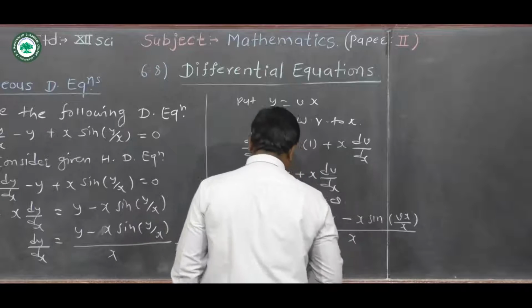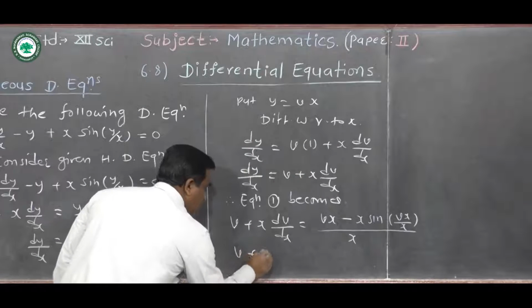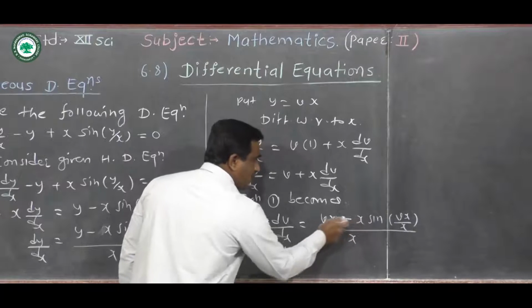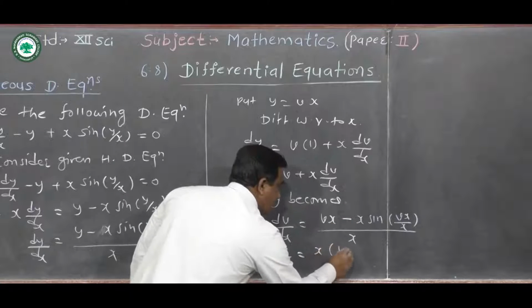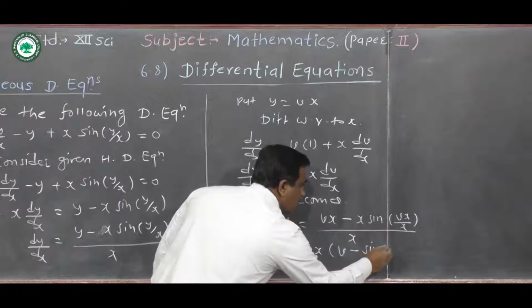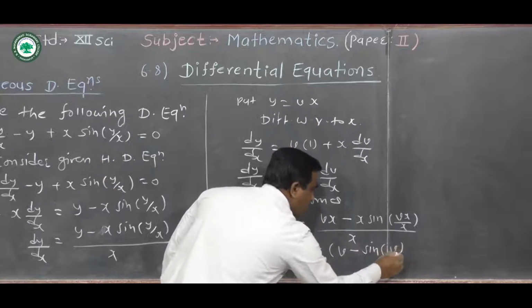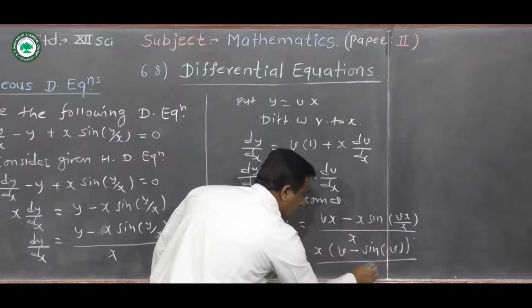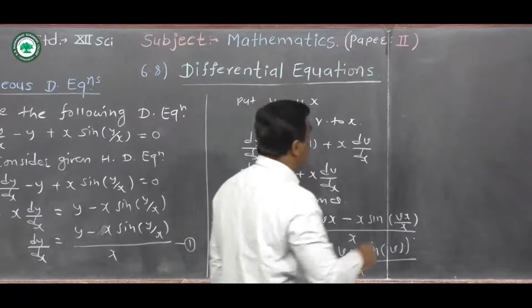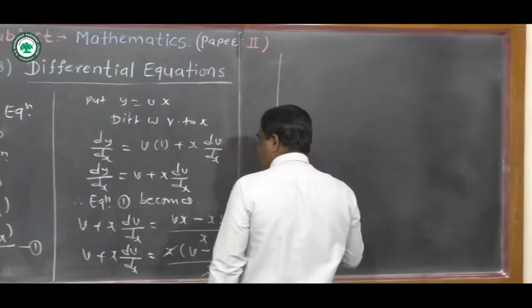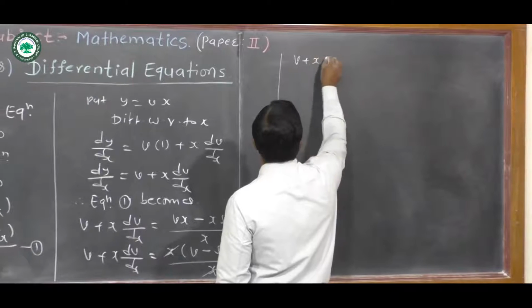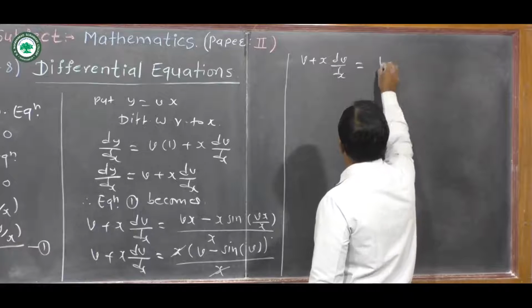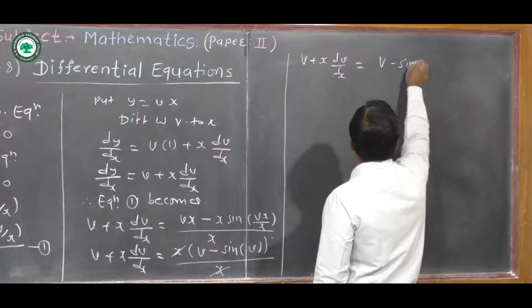That is, v plus x dv/dx is equal to, we can take x common in the numerator, x times (v minus sin of v, here x cancels, remains only v) upon x. Now this x also cancels. Now write down the remaining terms: v plus x dv/dx is equal to v minus sin v.